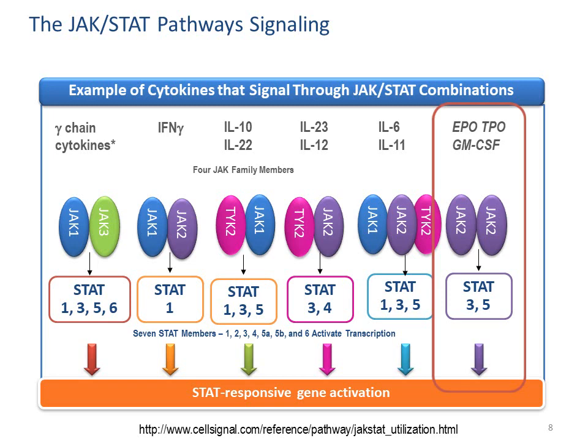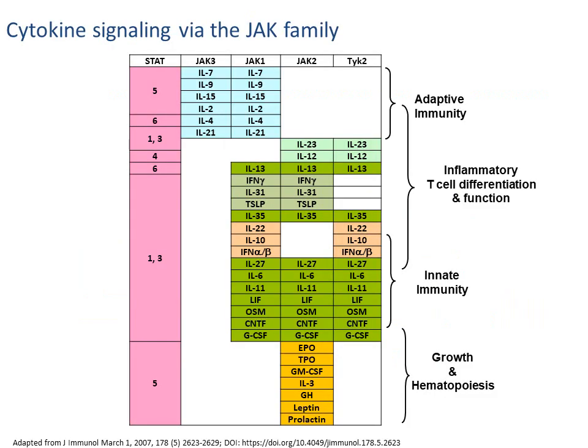These are not for cytokines. And the stimulation via the STAT3 and 5 of these particular receptors and this association will produce cell growth. So these are growth factors for the epoetin, thrombopoietin, and neutrophils.